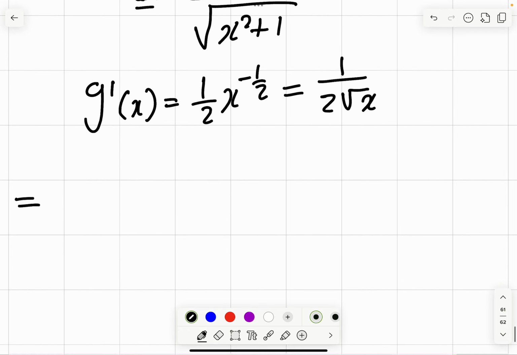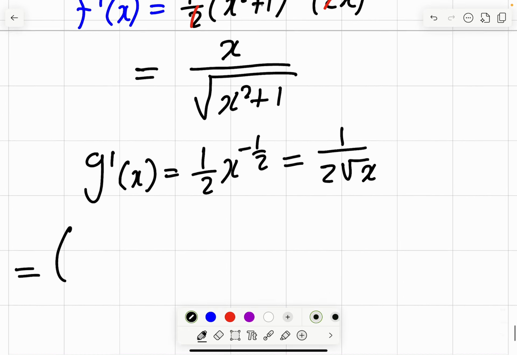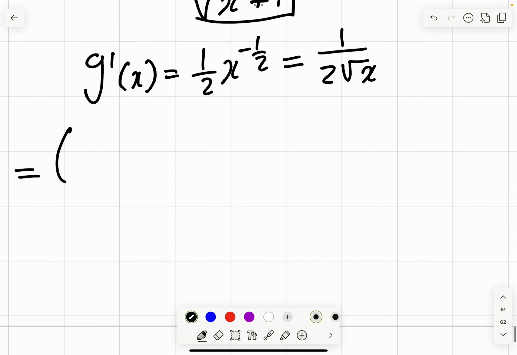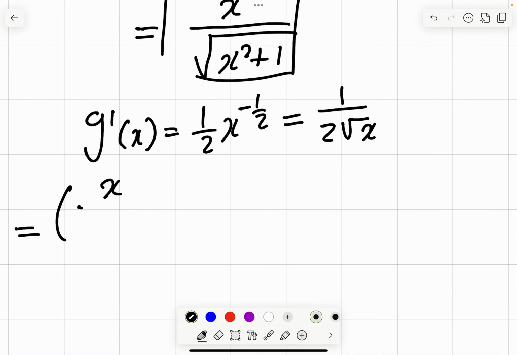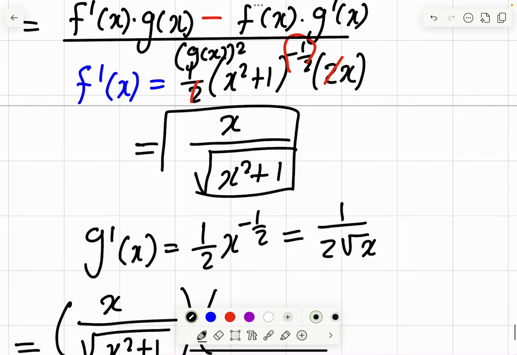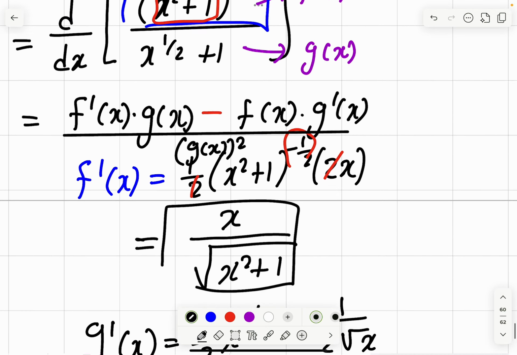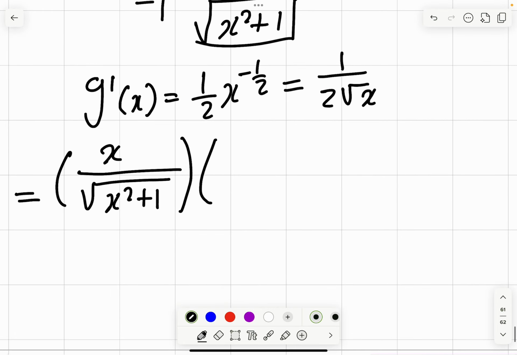Don't forget. So our f prime of x is x over square root of x squared plus 1. Then g of x is square root of x plus 1.